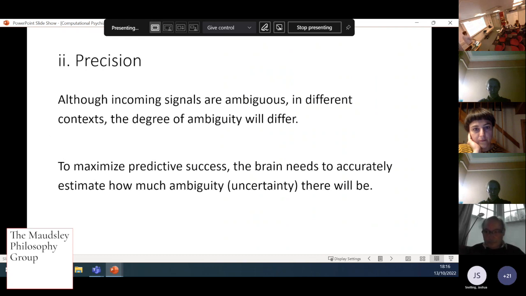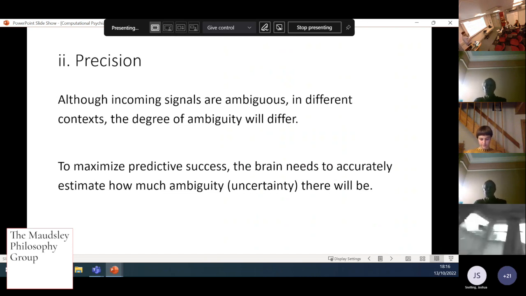Precision. Now, this is very important, in particular in psychiatric contexts. Although incoming signals are ambiguous, and that's where we get our foot in the door with regards to the Bayesian strategy, in different contexts the degree of ambiguity differs.